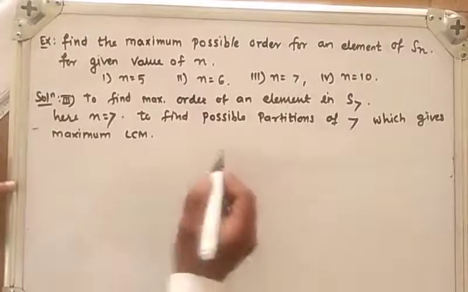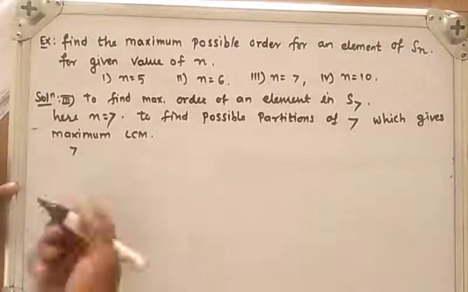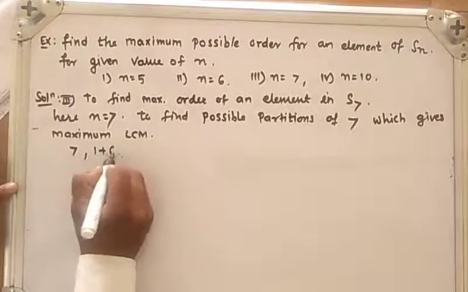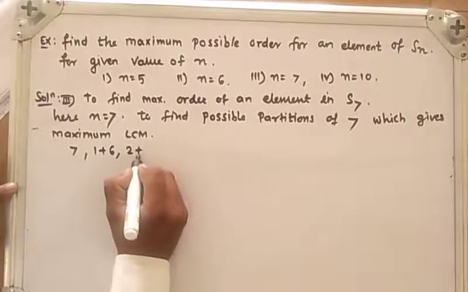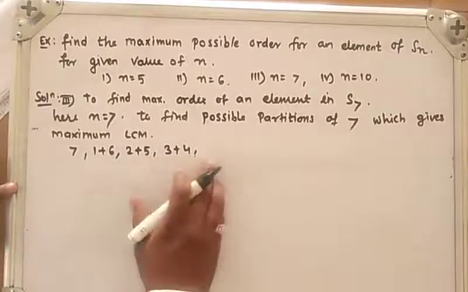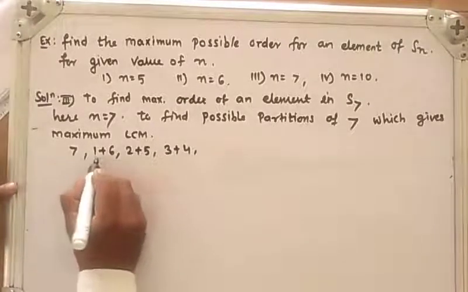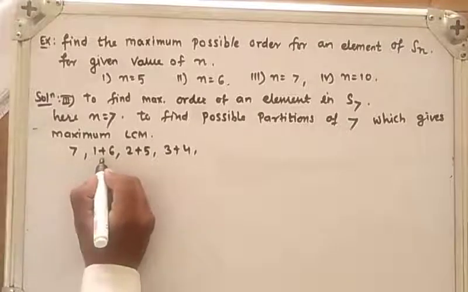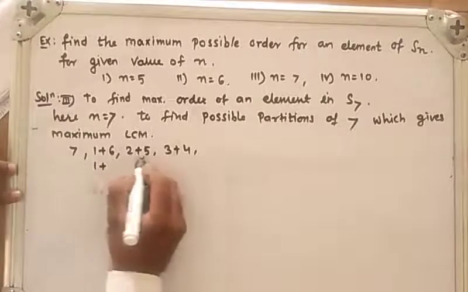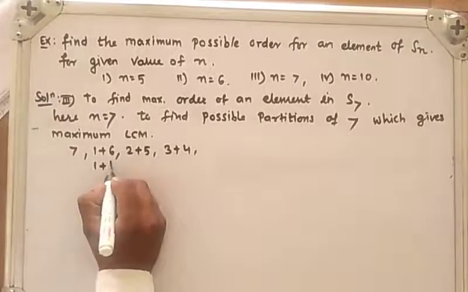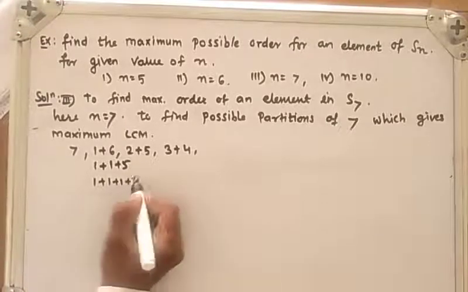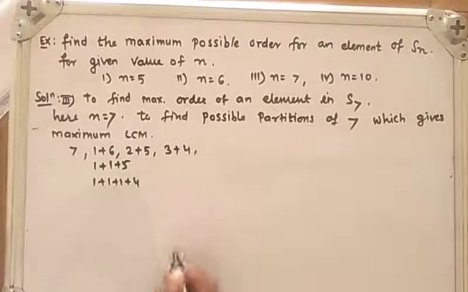Here 7 can be written as 1 plus 6, next 2 plus 5, 3 plus 4. These are partitions. Next I will put the first element as it is and partition the second. So here 1 plus 1 plus 5, next 1 plus 1 plus 1 plus 4, and like this.